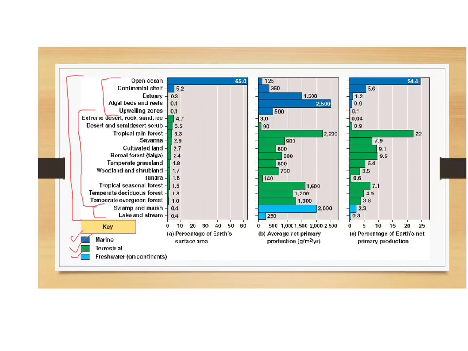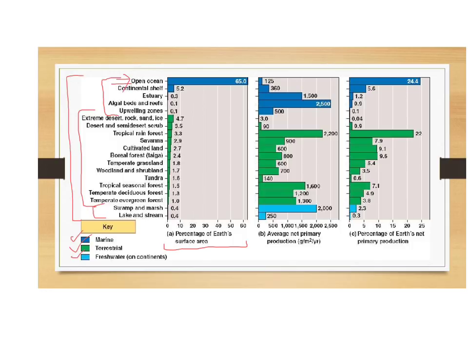The first graph here, part A, shows these biomes as a percentage of the Earth's surface area. It's very clear that the largest percentage of the Earth's surface area is open ocean. And there it is right there, at 65%. 65% of the Earth's surface area is covered by the open ocean.